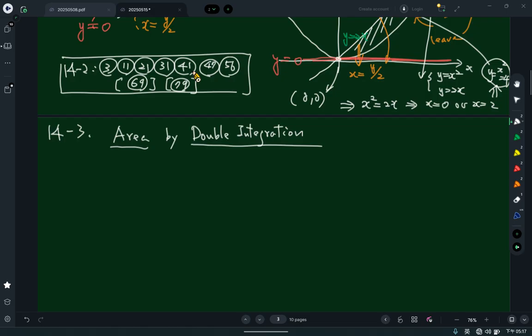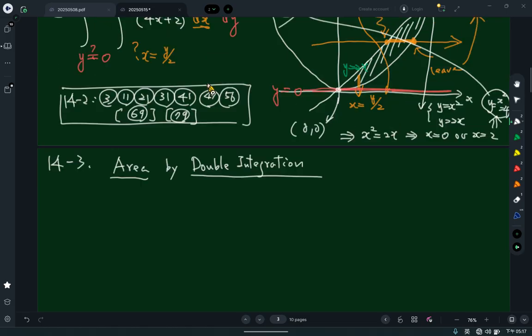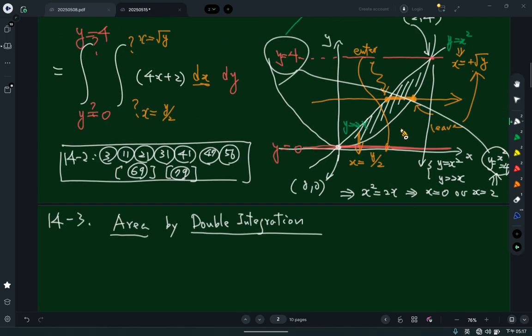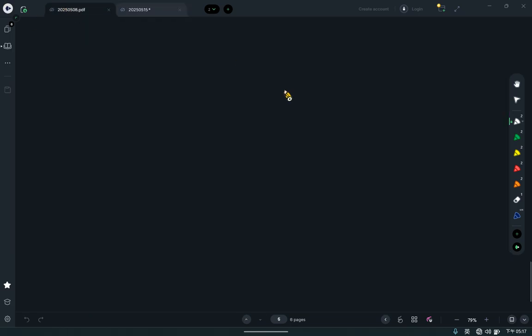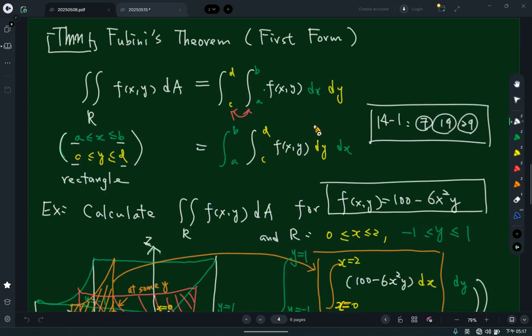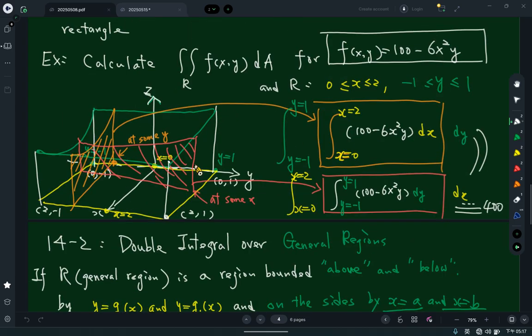So in the past, I can just use the slides here. You can see, we used the double integral, but we just calculated the volume, right?